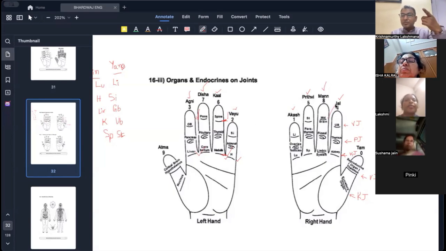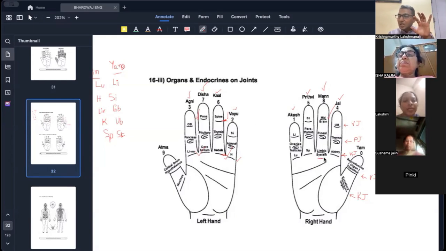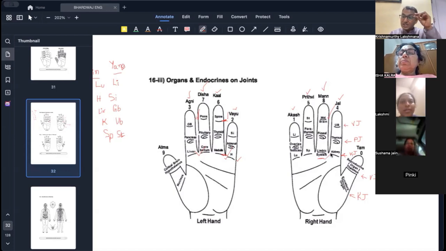After midbrain, if you go deeper, then you will get the limbic system in the brain. So it is deeper into the core of the brain. So that is why it is put into the Yin. Deeper, central is yin, and outer part is yang.